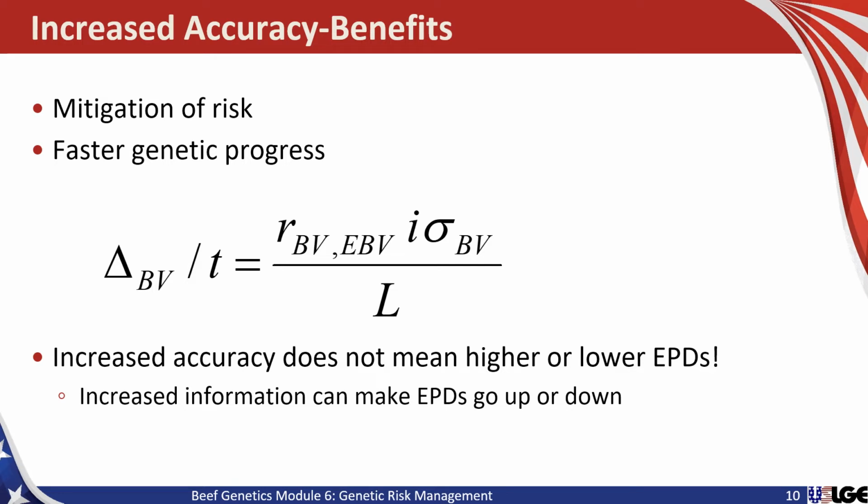In the denominator of this equation is the letter L, which is representative of the generation interval, or the length of time between parents and progeny, the average age of parents and their progeny.